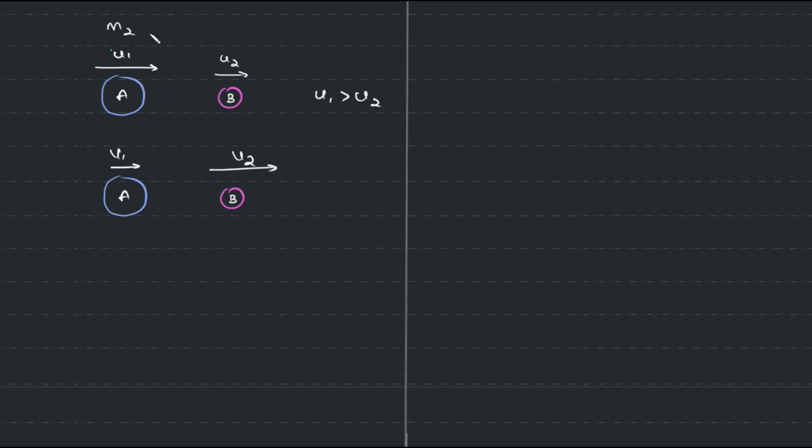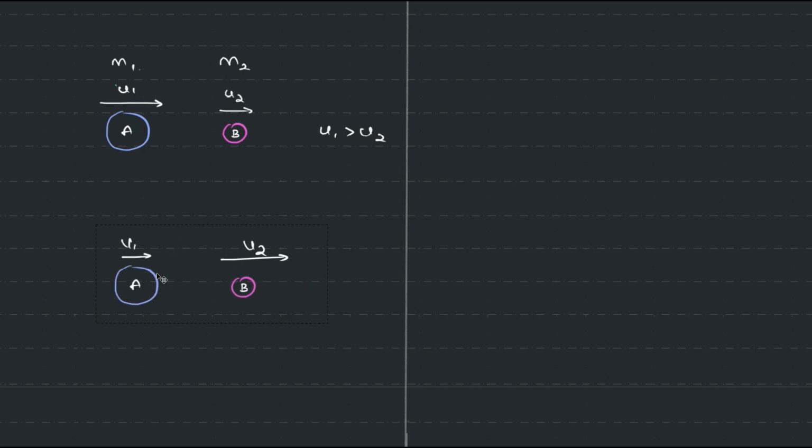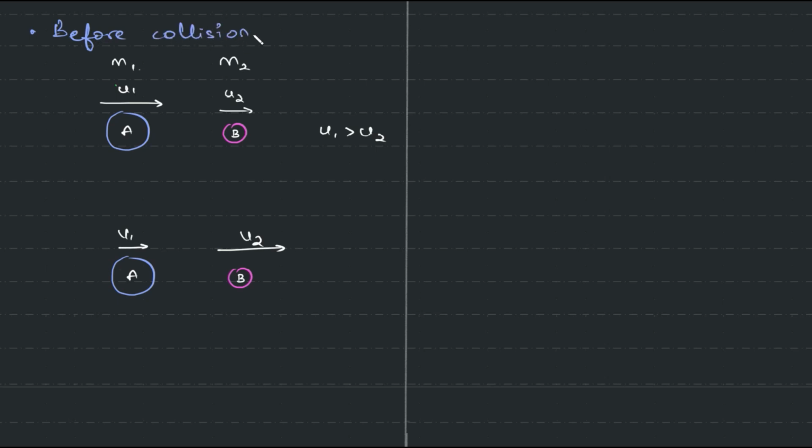This is M1, M2, and this is after collision and that's before collision. Wherever you can, you add diagrams. Even if you feel that it's not a big deal, but add. It helps. So this is before the collision and this is after the collision.